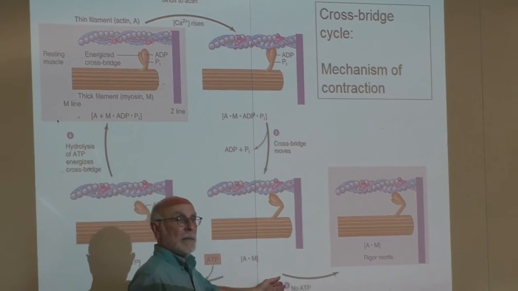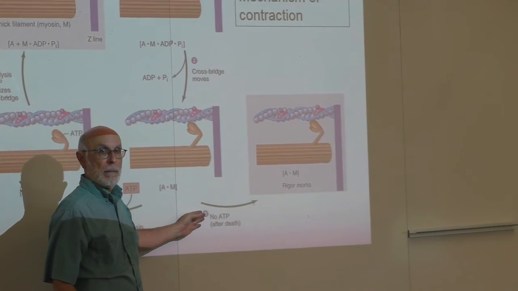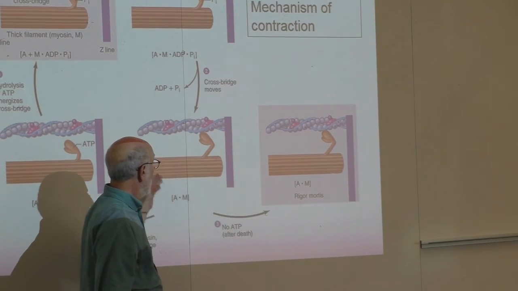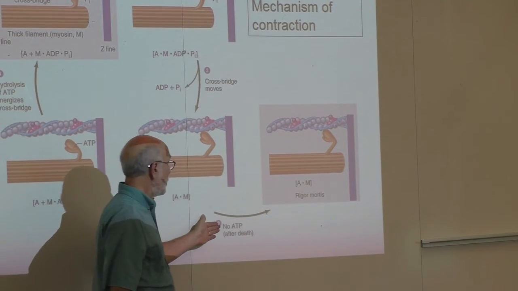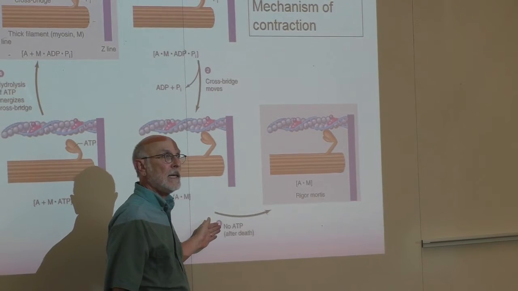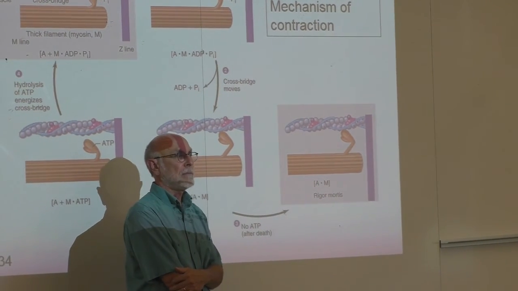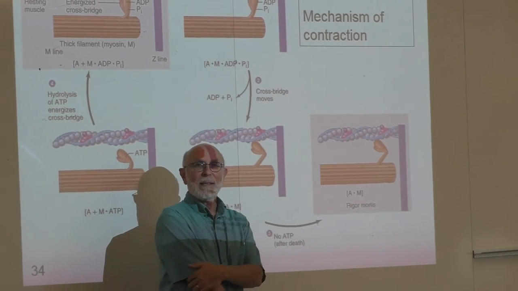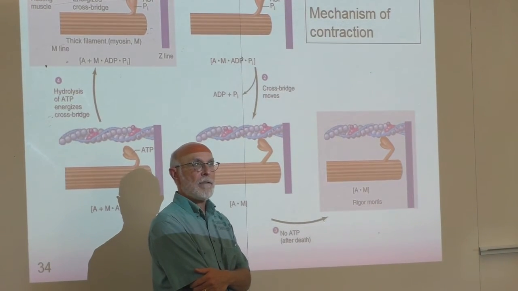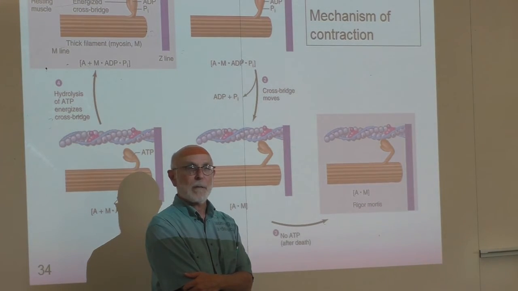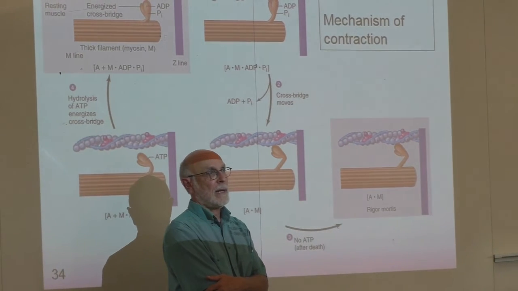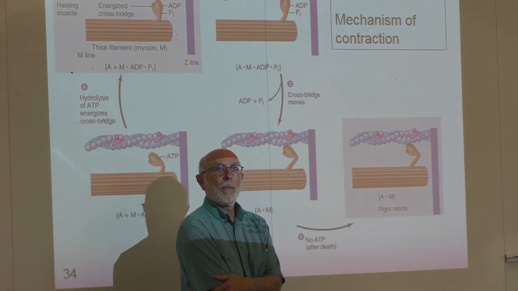If there is no ATP, as after death, low ATP, you're not breathing. The cellular metabolism is shut off. ATP production is shut off because the mitochondria no longer are getting oxygen. Why do we need oxygen?